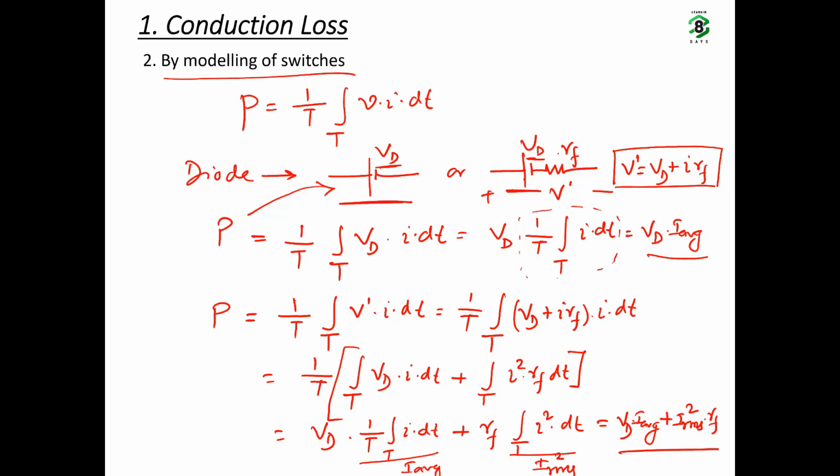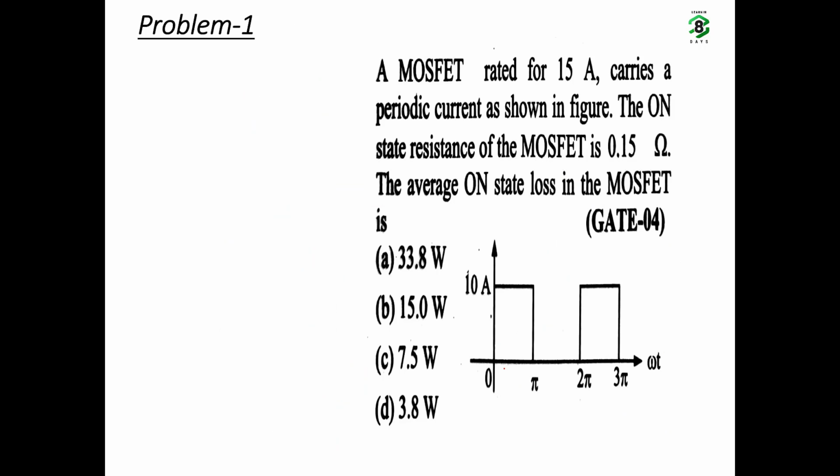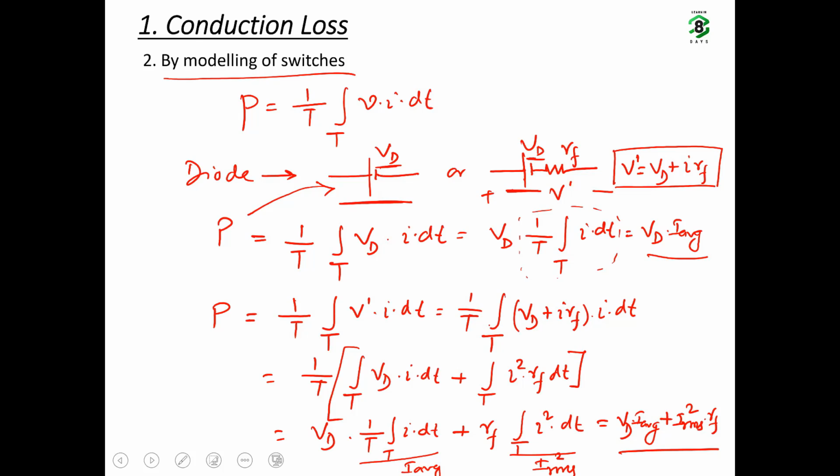So our equivalent representation in the case of a MOSFET is simply a resistance. Let it be RD.